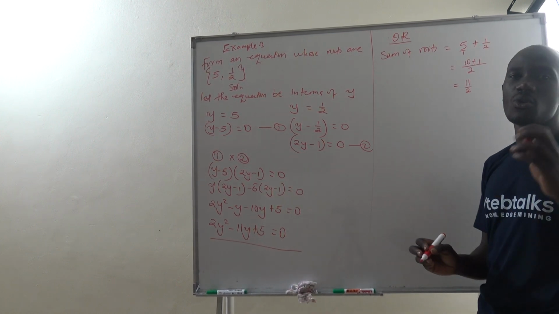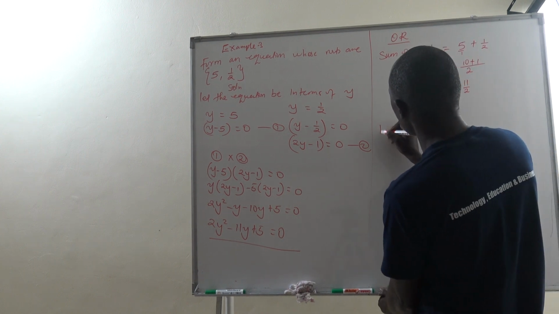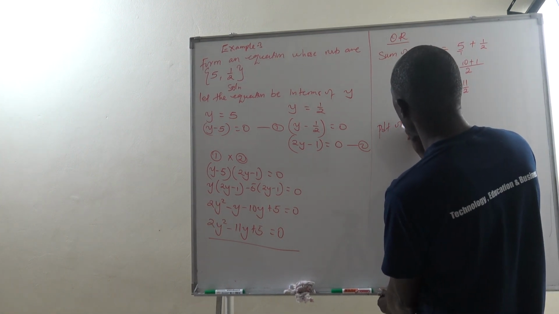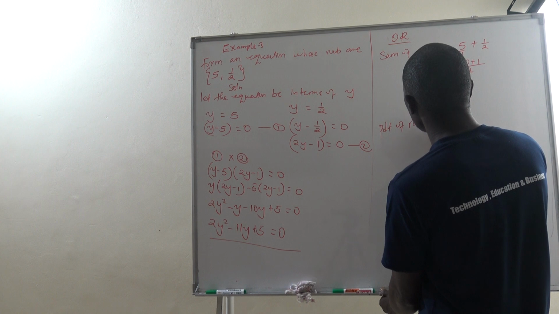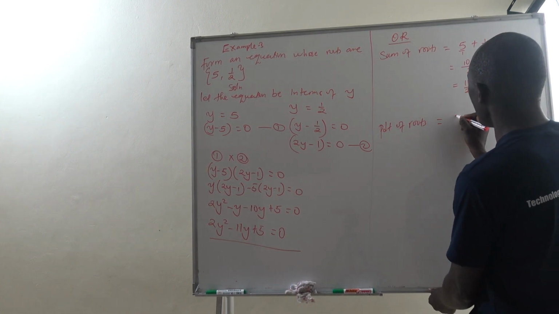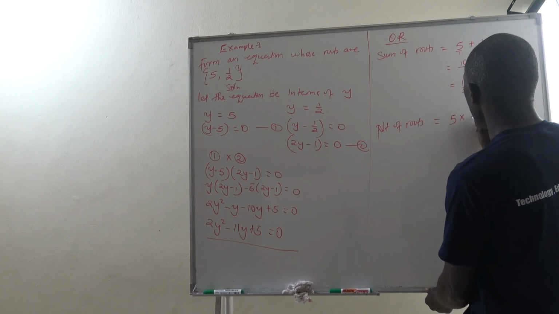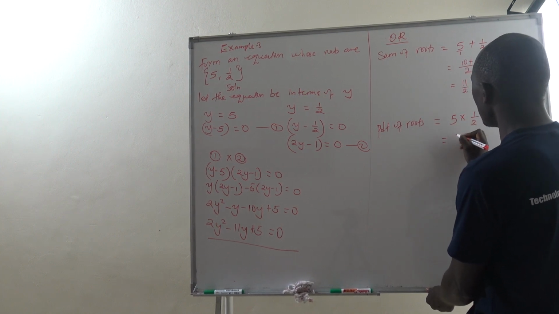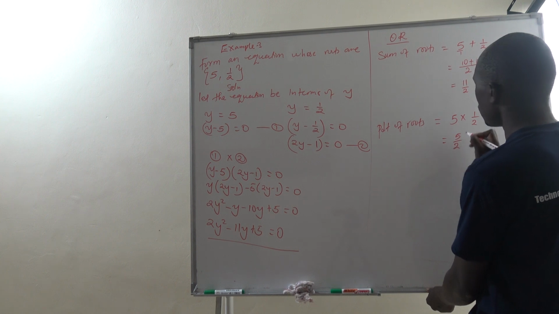We also look for the product of the roots. Product of roots becomes, we are going to multiply, that is 5 times 1 out of 2. What are we getting? We are getting 5 out of 2.